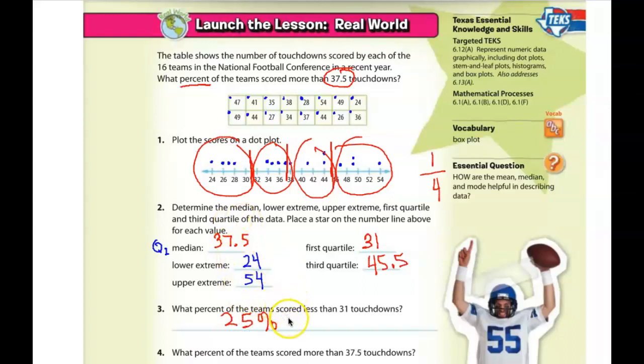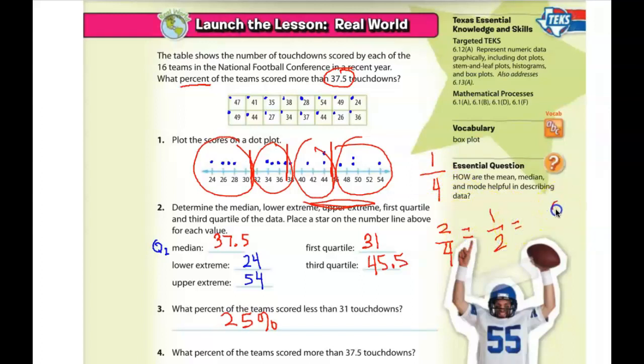Okay. So, and then what percent scored more than 37 and 5/10 touchdowns? So 37 and 5/10 touchdowns was the median. So we have 2 of the 4 sections that are more than 37 and 5/10. So what is the equivalent fraction for 2/4? That's going to be 1/2.